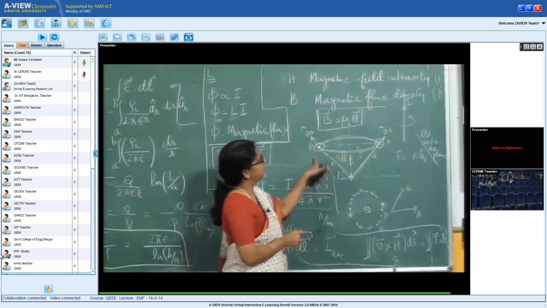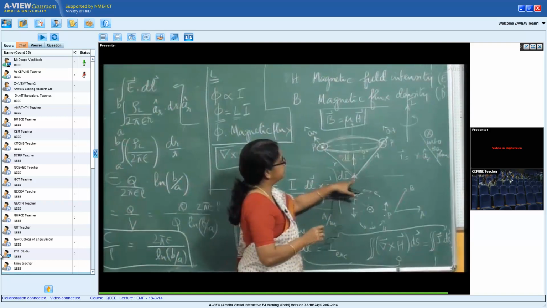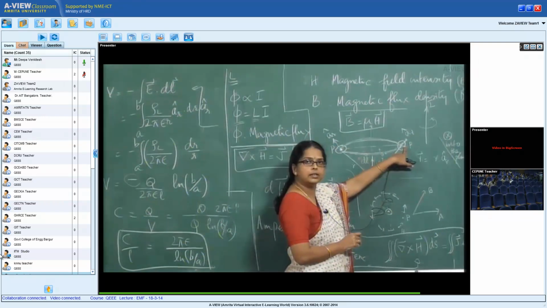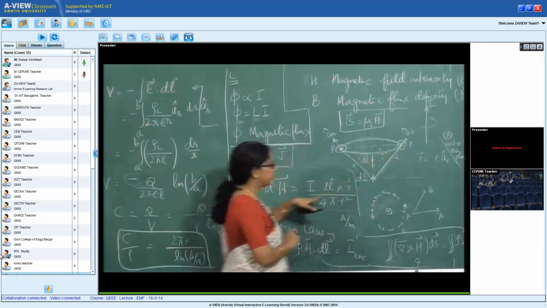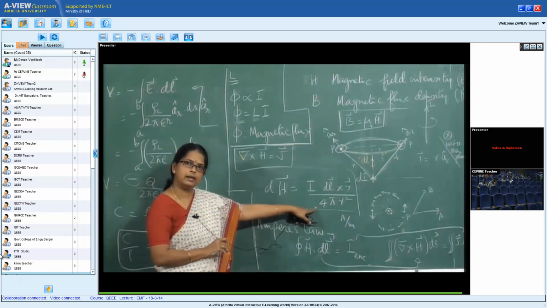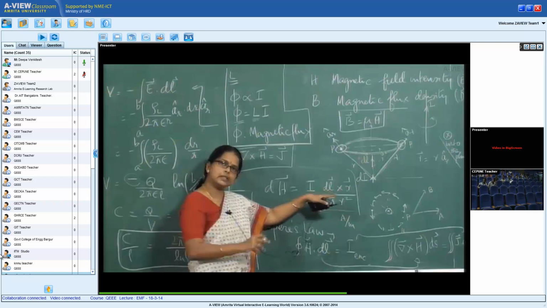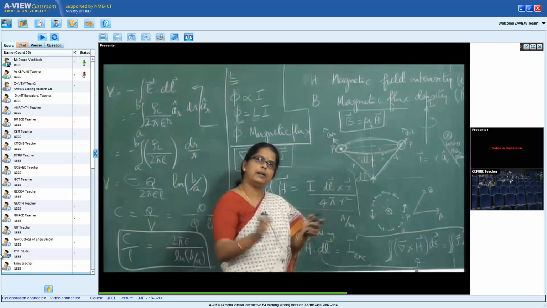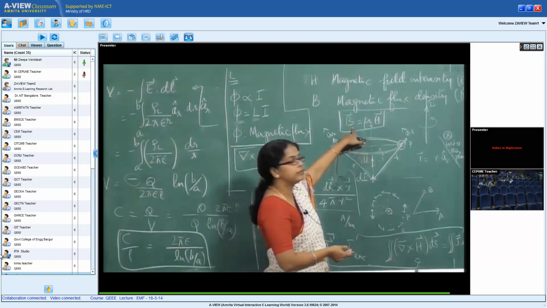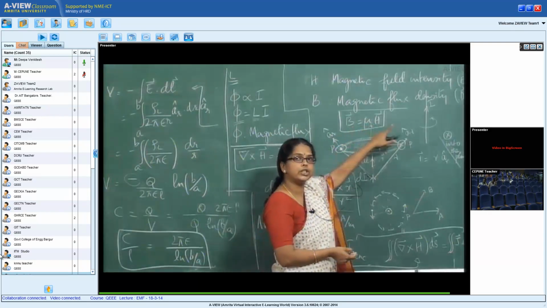It does not bother to tell what the medium is between the current carrying element and the point under consideration. It could be any medium. Irrespective of the media, H is the same. But the effect of the presence of the media, whether the flux is able to penetrate, and how much, is given by the magnetic flux density, which is mu H.